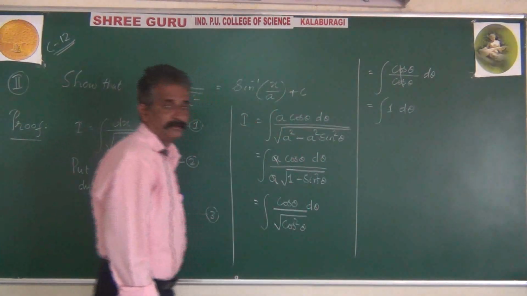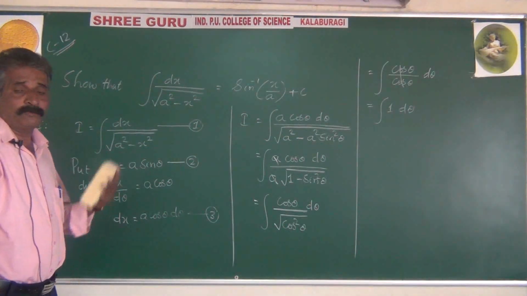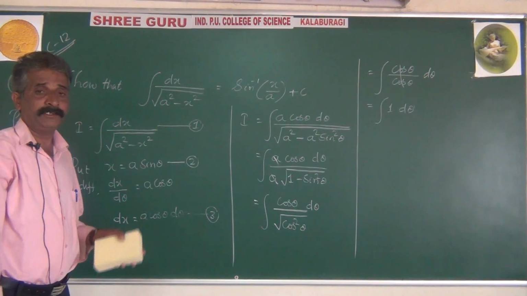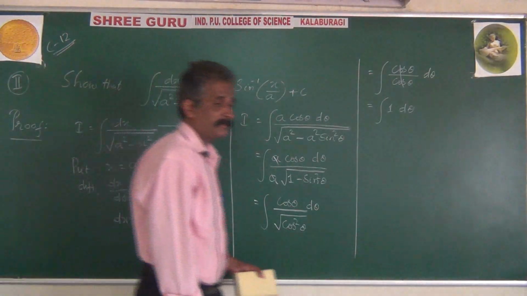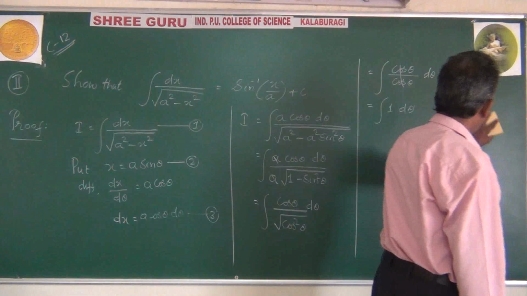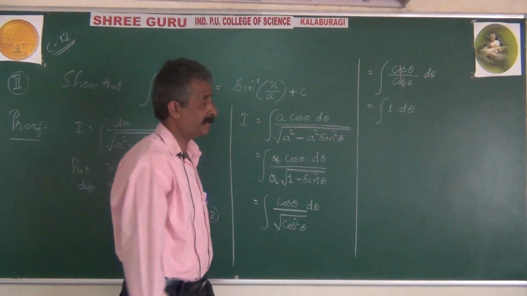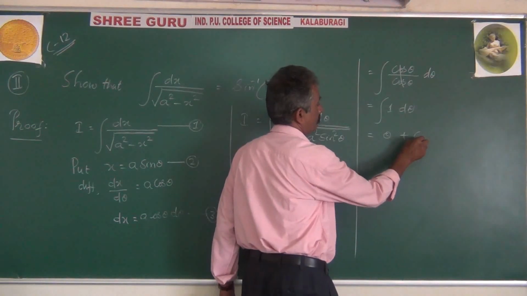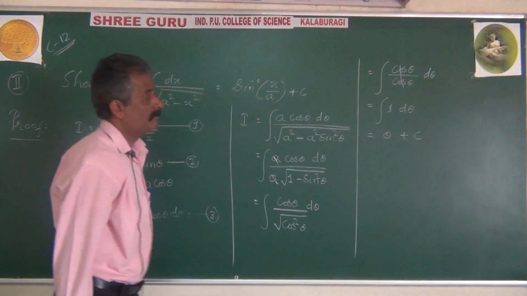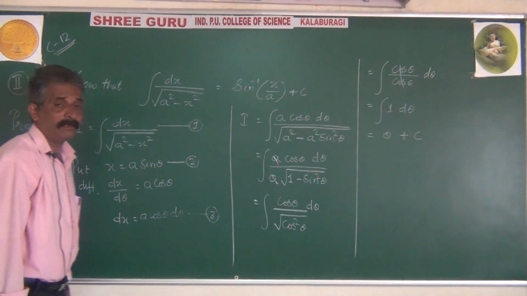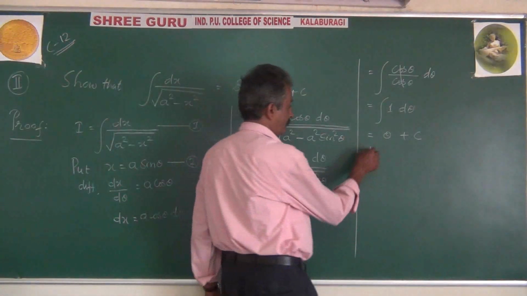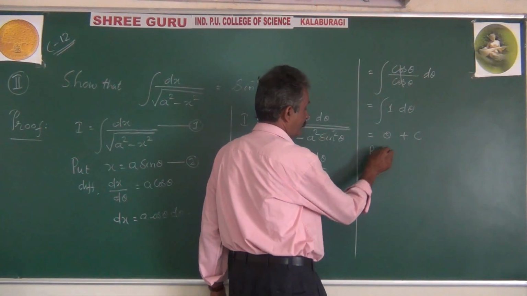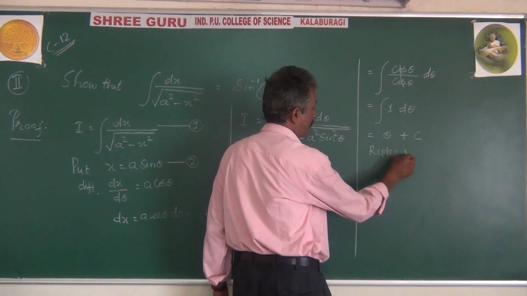Like we know integration of 1 dx is x, integration of 1 dt is t, here integration of 1 d theta will be theta plus constant c. But now replace back the value of theta without failure.